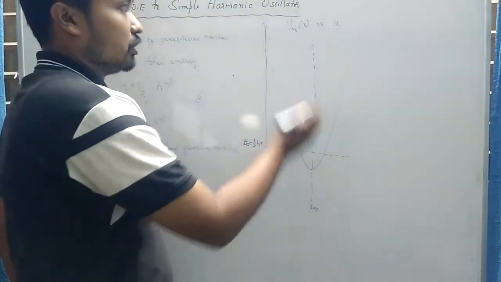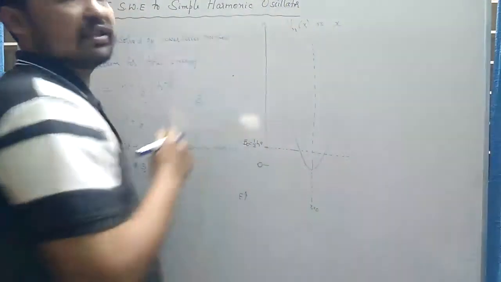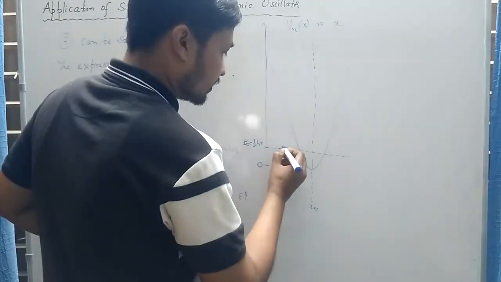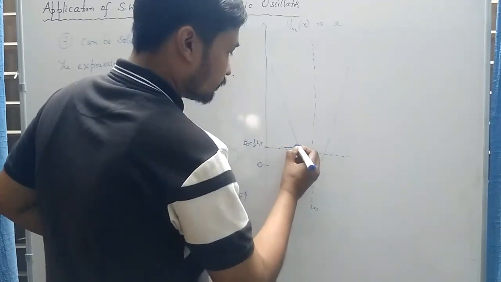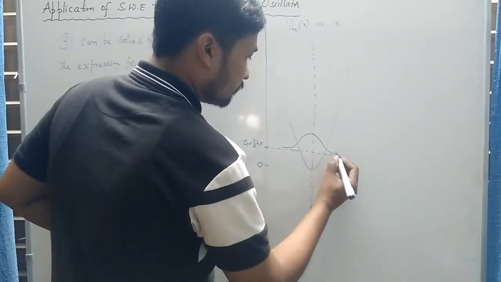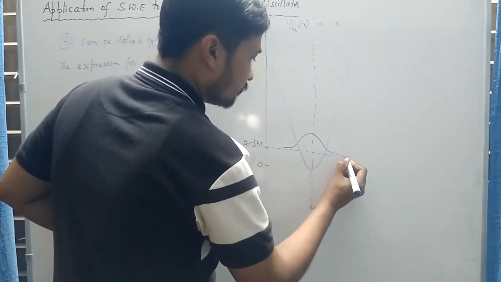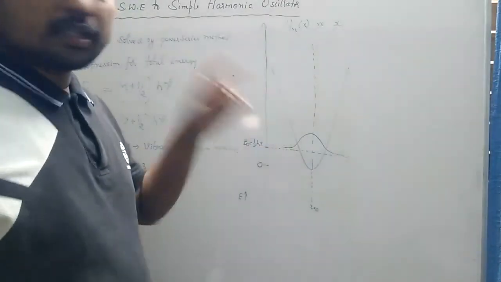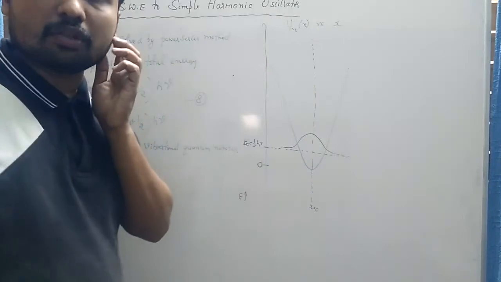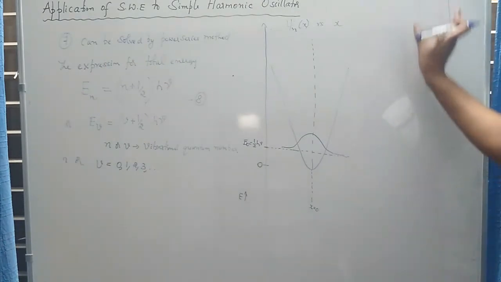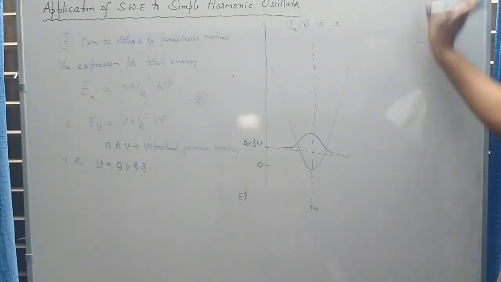Now I will plot the wave function versus x with n equal to 0. The nature of the plot is like this. It is a half wave type of plot. But if you compare it with the particle in a one-dimensional box, in the box the potential energy was uniform throughout.